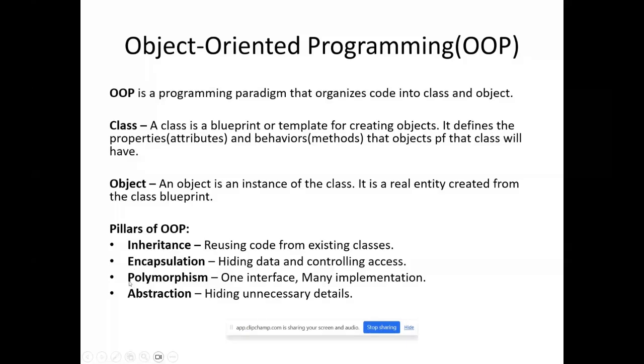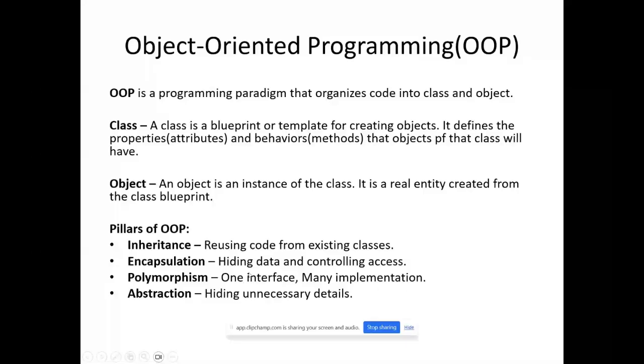The next pillar of OOPS is polymorphism. What is polymorphism? Polymorphism is one interface, many implementations. The same method behaves differently in different situations. You implement it only one time, but it behaves differently in different situations. It behaves differently in a different situation, but the implementation is one only.